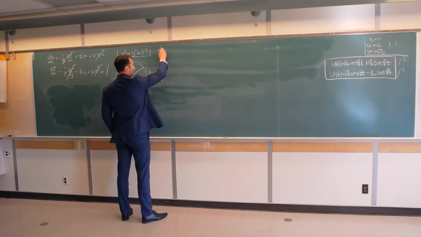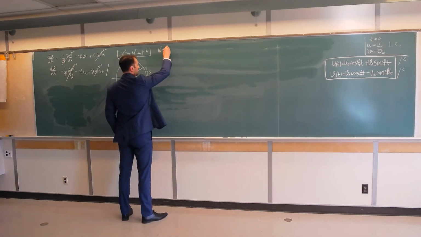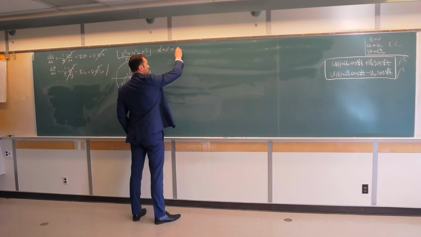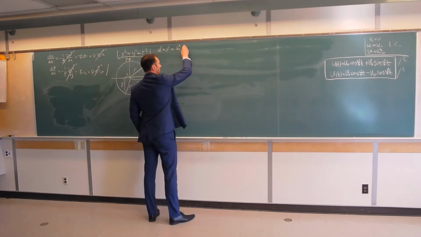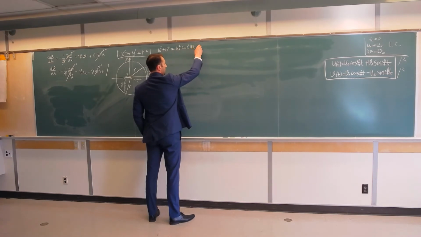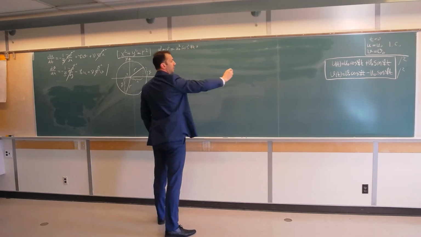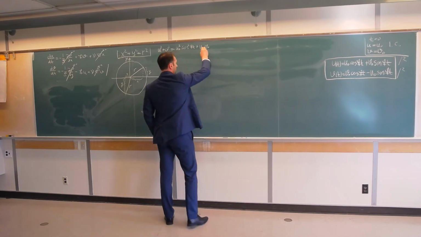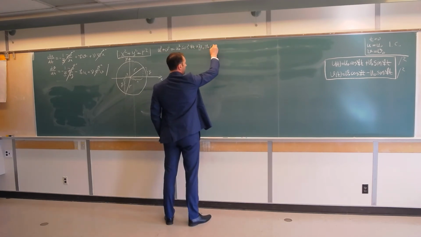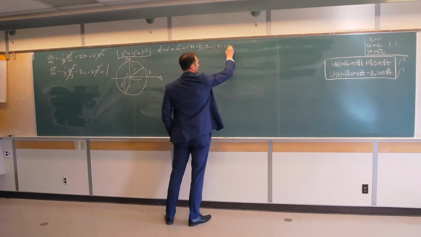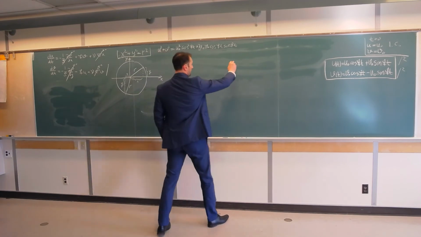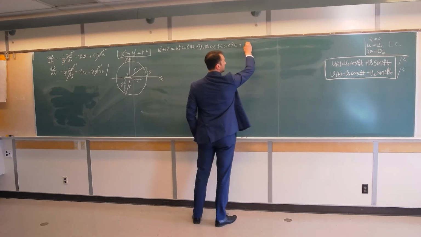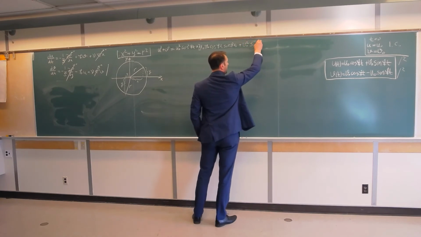So u squared plus v squared equals, that's the left-hand sides of these two equations, u naught squared cosine squared ft plus 2 u naught v naught cosine ft sine ft, and plus v naught squared sine squared ft.